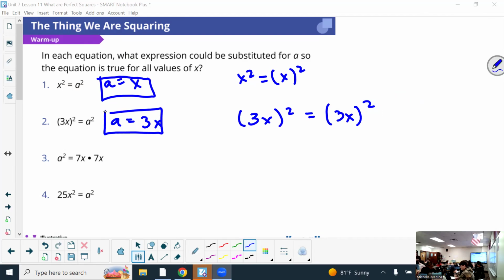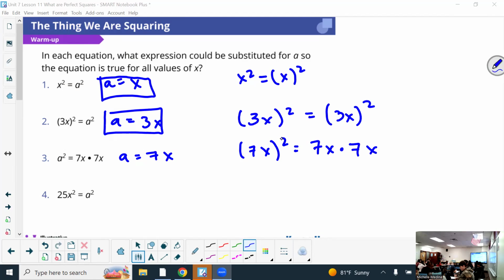Table 5, what about in the third one? All right, so let's see. If I were to plug in 7x for the A, are these two expressions equivalent? What do exponents tell you to do?